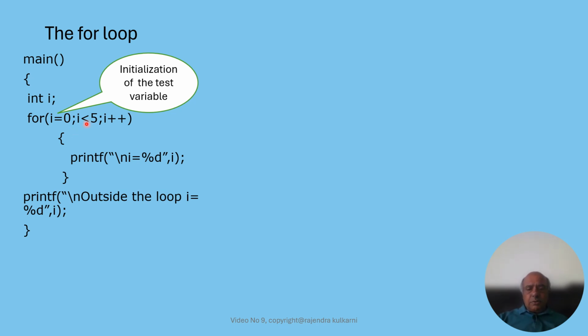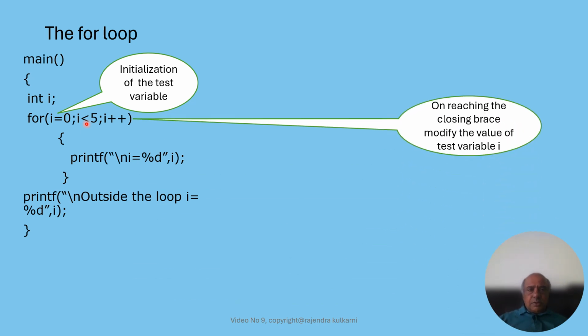Then semicolon, then i less than 5, another semicolon, and i plus plus. So this is the initialization, this is the incrementation operator, and this is the condition test.